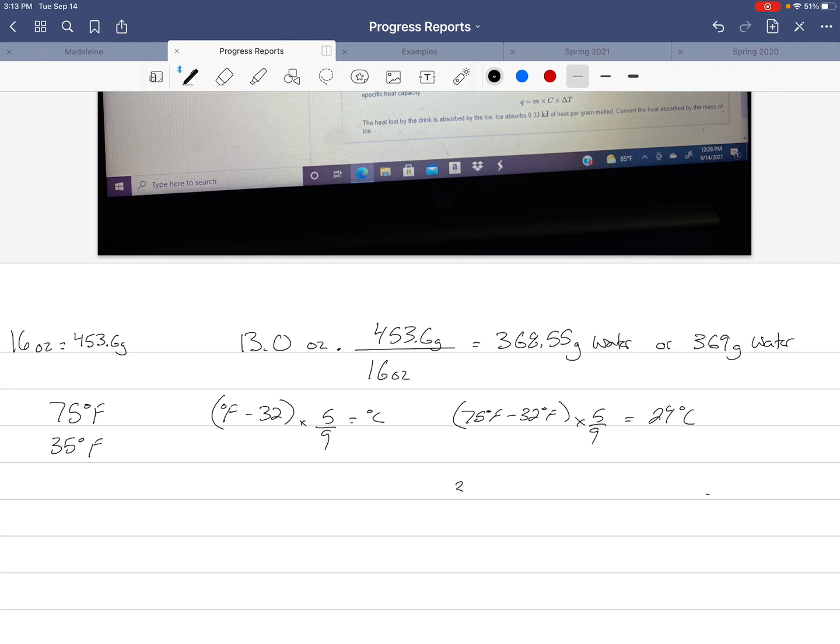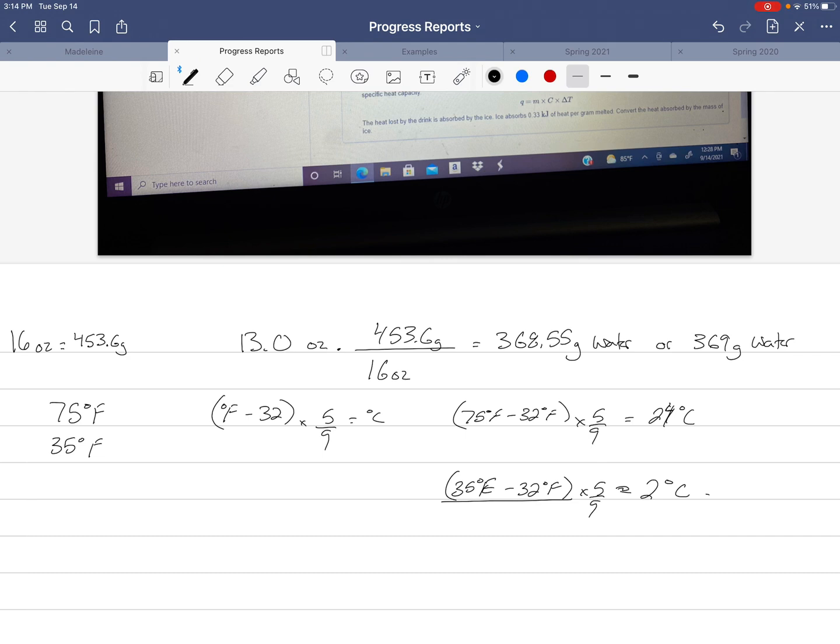Then we have 35 degrees Fahrenheit minus 32 degrees Fahrenheit times 5 divided by 9. I got 1.67, or 2 degrees Celsius. So I have 24 degrees Celsius and 2.